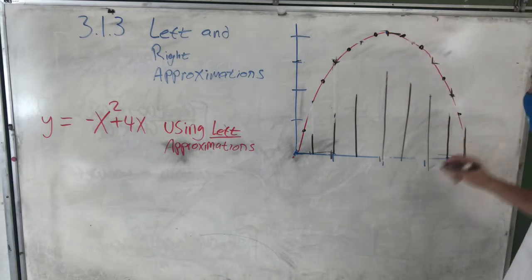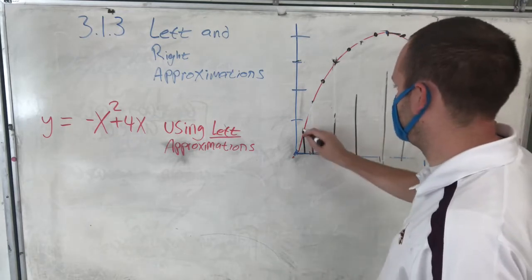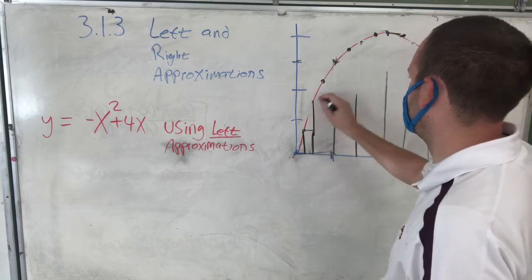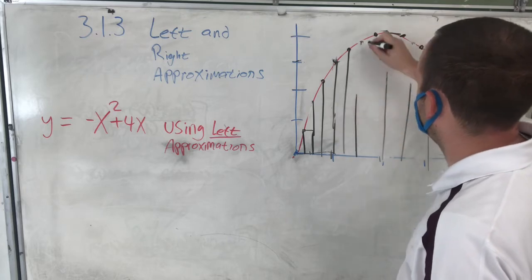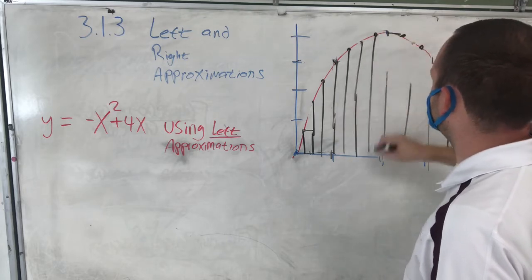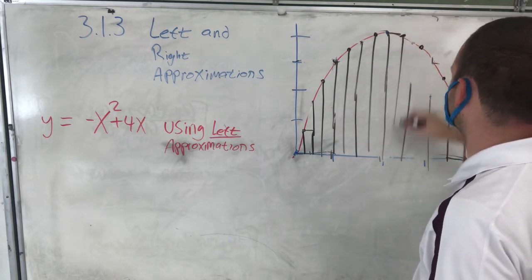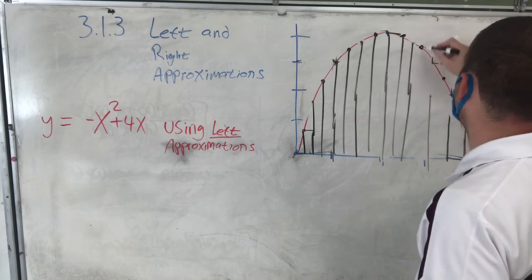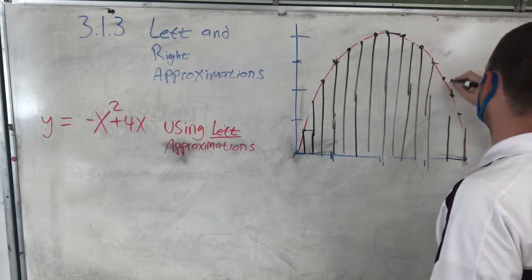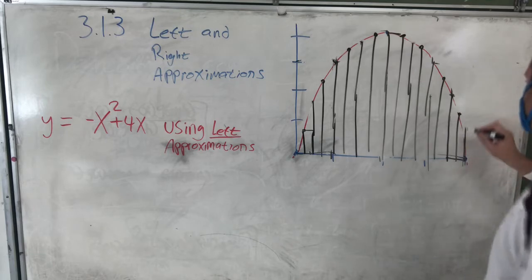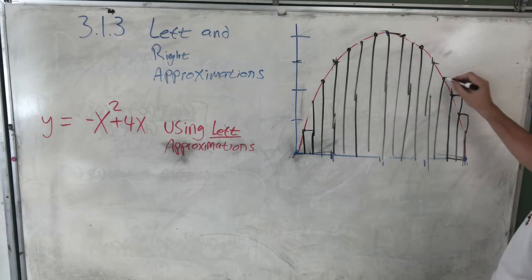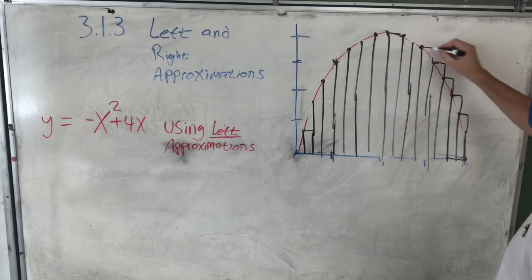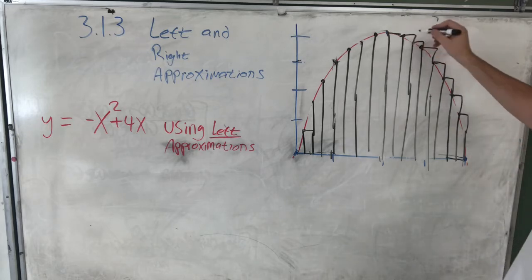As you see, as we start putting in more of these approximation points, the value is getting closer and closer and closer to being the truth. Okay? As we start doing more and more of these little rectangles, we're getting closer and closer to the actual value until you get to infinity.